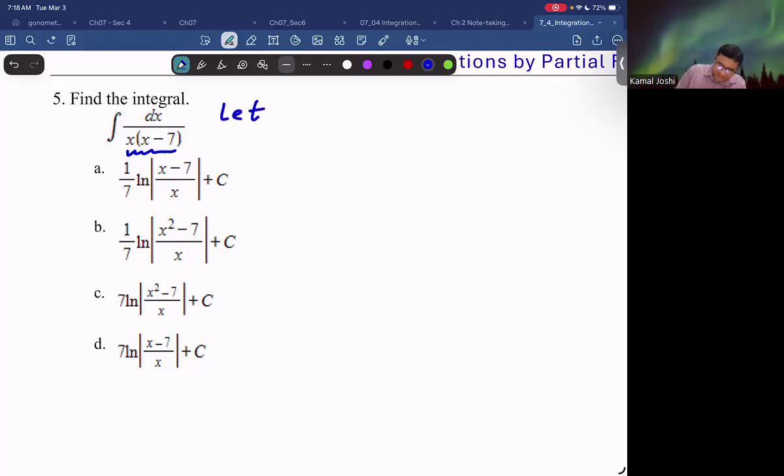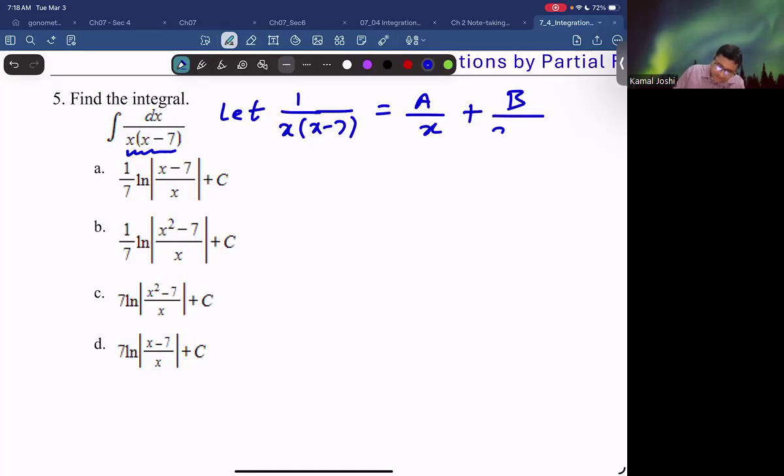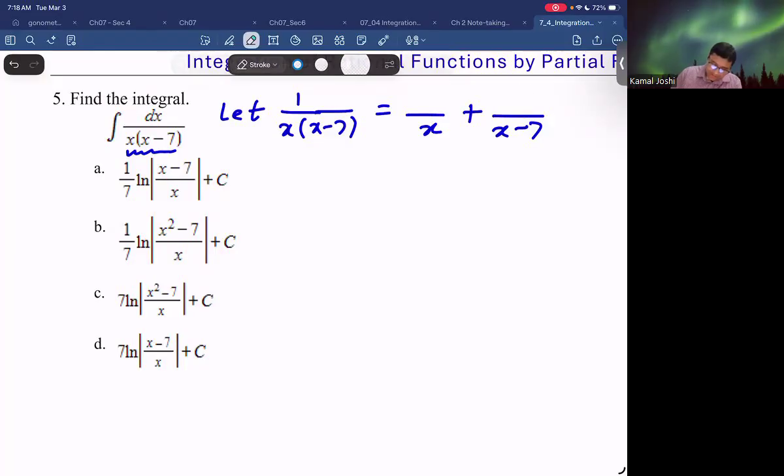So you just say let 1 over x times (x minus 7) equal a over x. Because the denominators are linear, the numerators have to be constants only. There is no other choice. Can you just make a wild, simple prediction and get this done? Yes, you can. I think I spoke about that in class also.